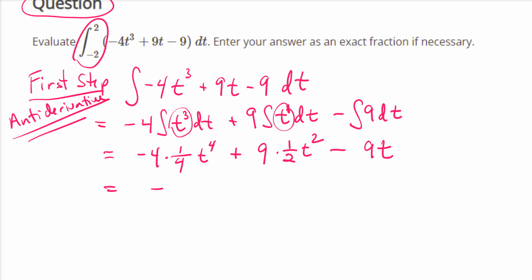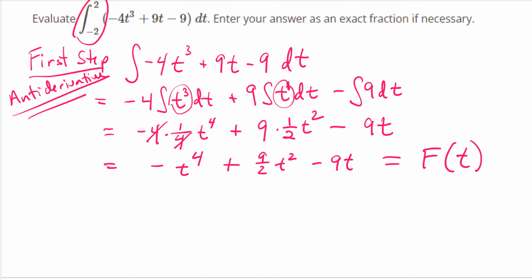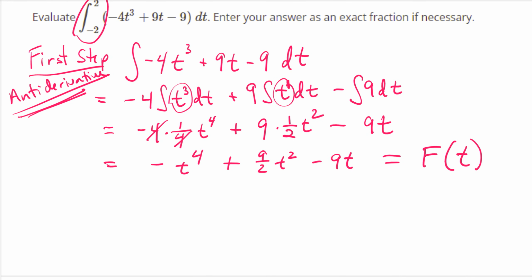So this antiderivative becomes -t to the fourth plus 9/2 t squared minus 9t. We'll call that capital F of t. That's the first step, is to do the antiderivative.